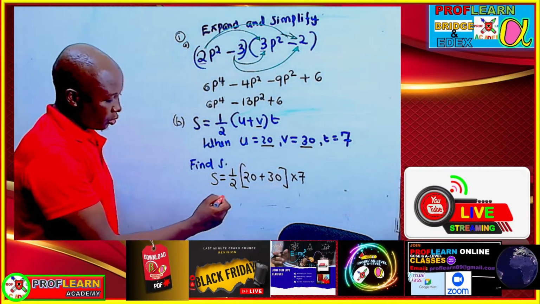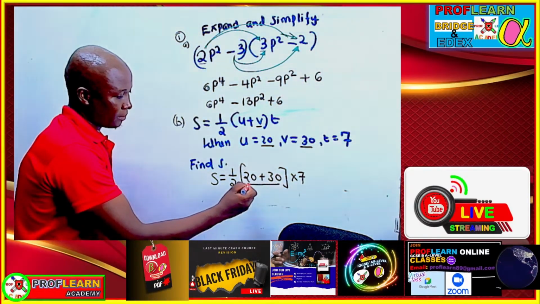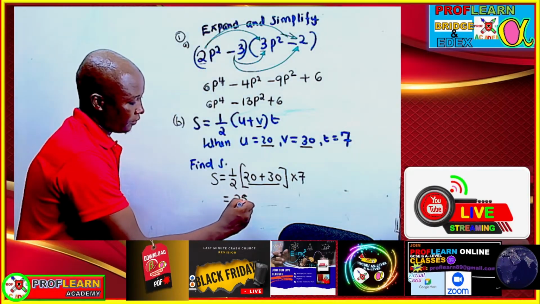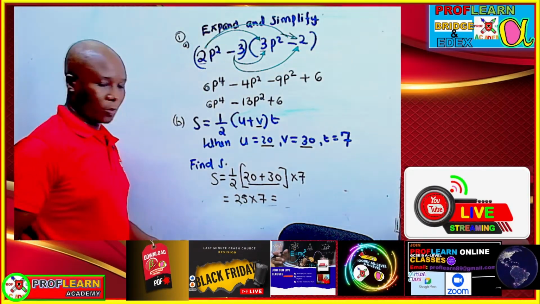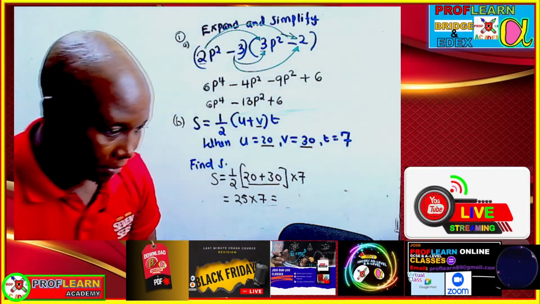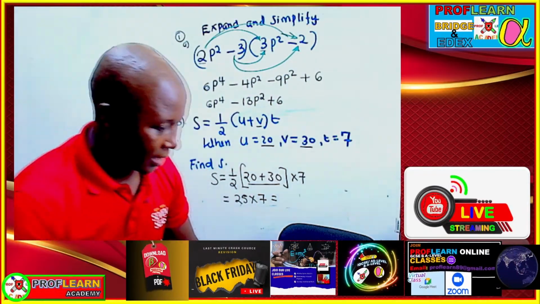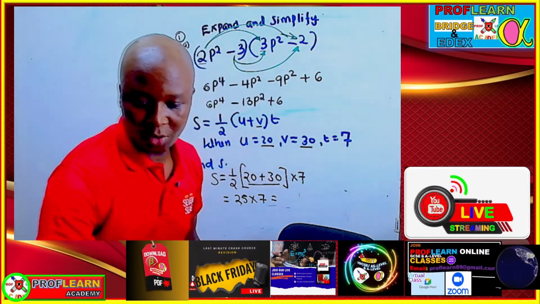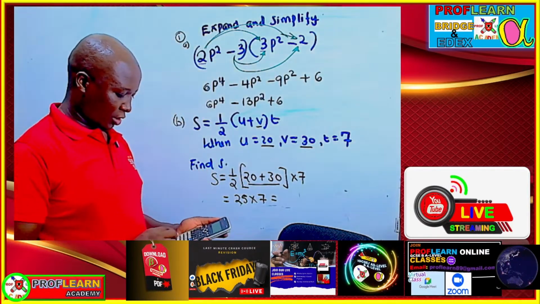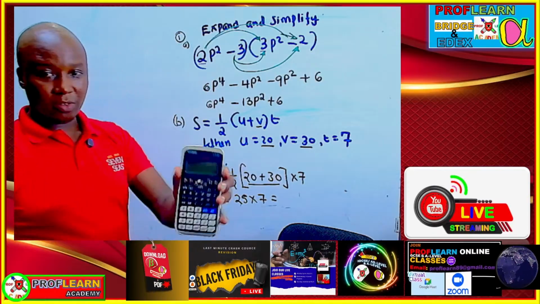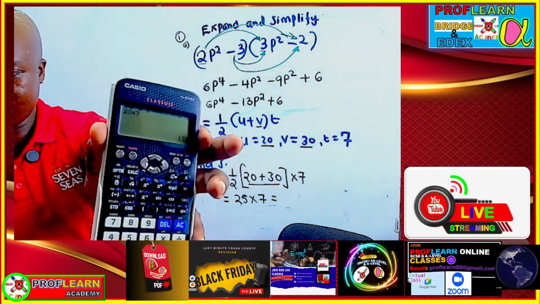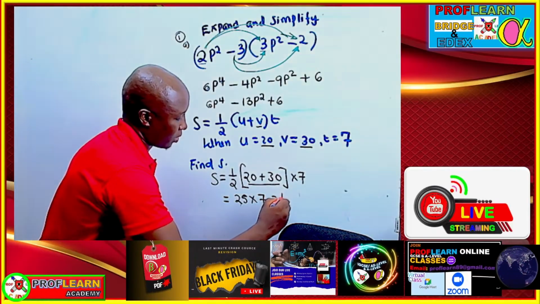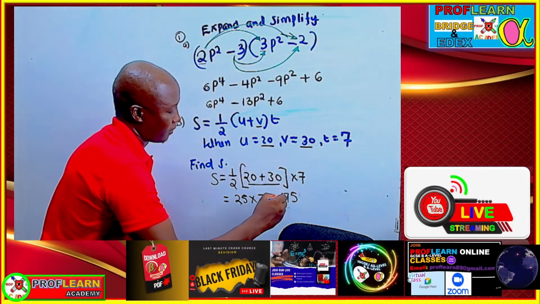When you simplify what's inside the bracket, this becomes 50, and 50 divided by 2 is 25, times 7. Because this is a calculator paper, you use your calculator there. 25 times 7 gives you 175. So the answer is 175.